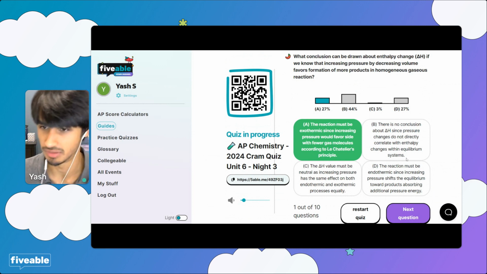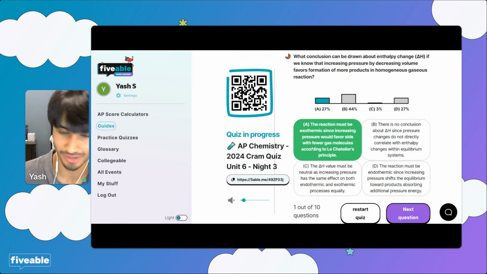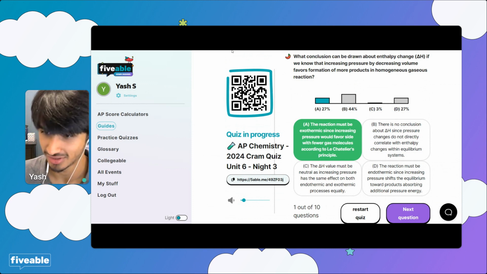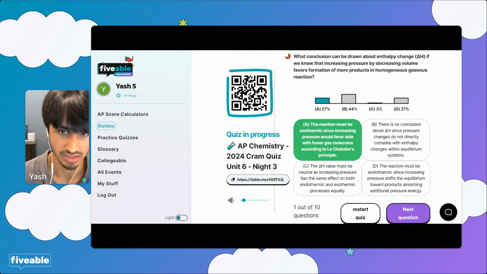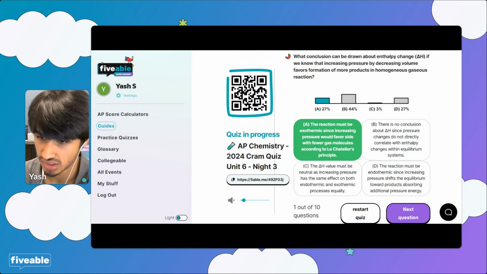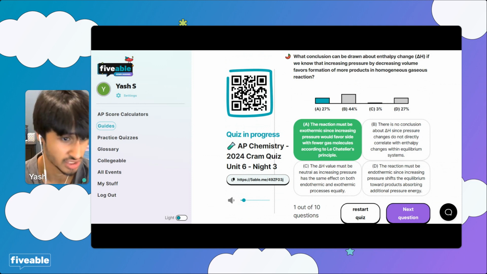The answer to this question should be B. I'm not sure again why this question has it listed as A, but it should be B because delta H is not reliant on pressure. Remember that delta H is at constant pressure, and so there's no conclusion that you can make.